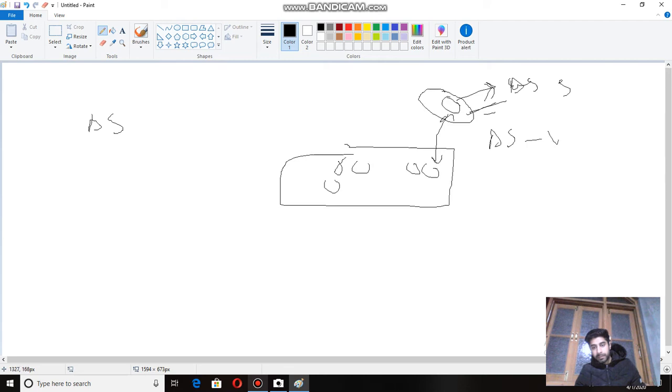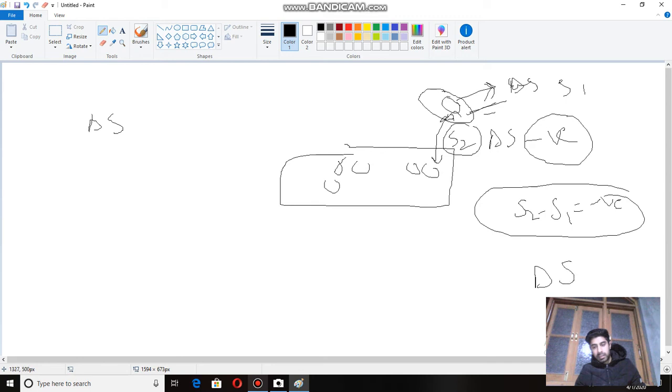S1 was greater. Now S2, entropy after adsorption, is less. That means S2 minus S1 is negative. That means delta S is negative.